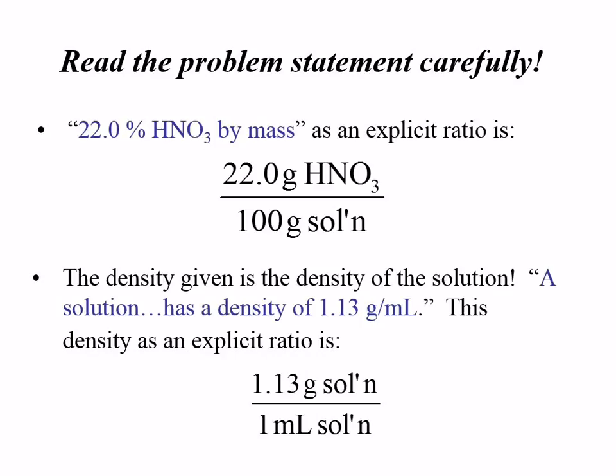So for me to work this problem, I would start with that 75.0 grams of HNO3 over 1. Remember, like I've shown you before, I'm going to go from left to right, showing you a strategy. We can start with the grams of pure HNO3, and then use the weight percent to get to grams of solution.